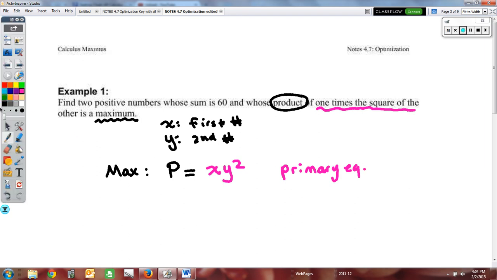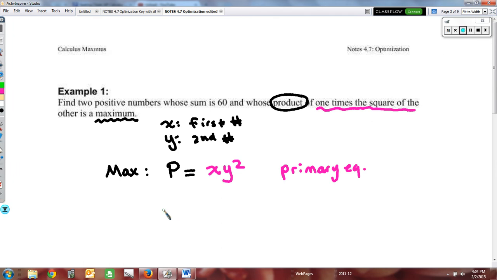However, we do not want to take the derivative before we simplify it. So we're going to look for a constraint, something that gives me some information about x and y, which are my two input variables. So I look up here and read the rest of the problem, and I see that we have two positive numbers whose sum is 60.